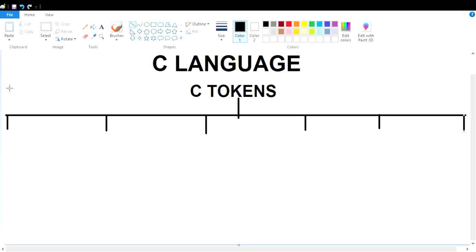Hello everyone. Today we are discussing C tokens in C language. First of all, we will see what is meant by C tokens.